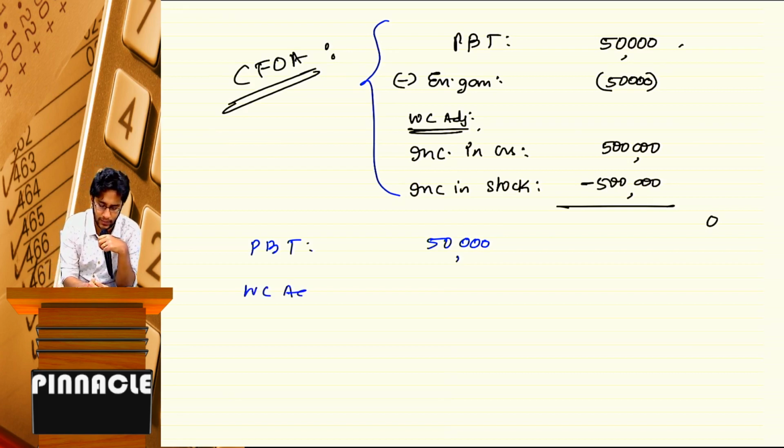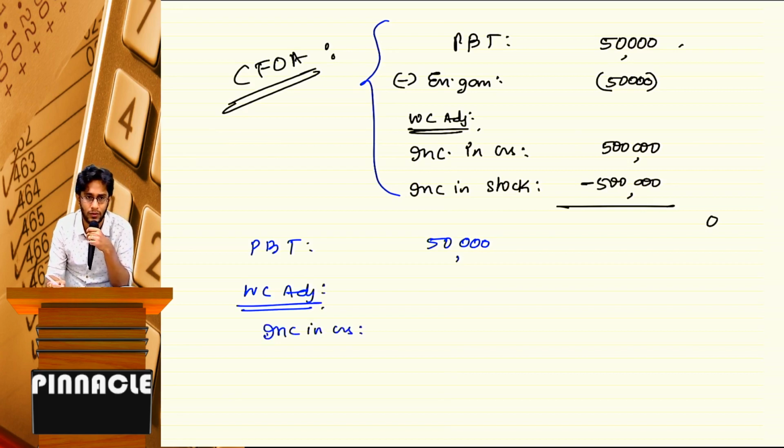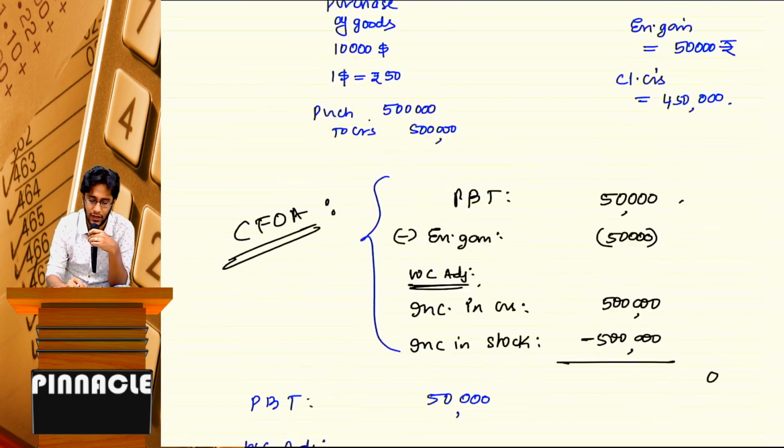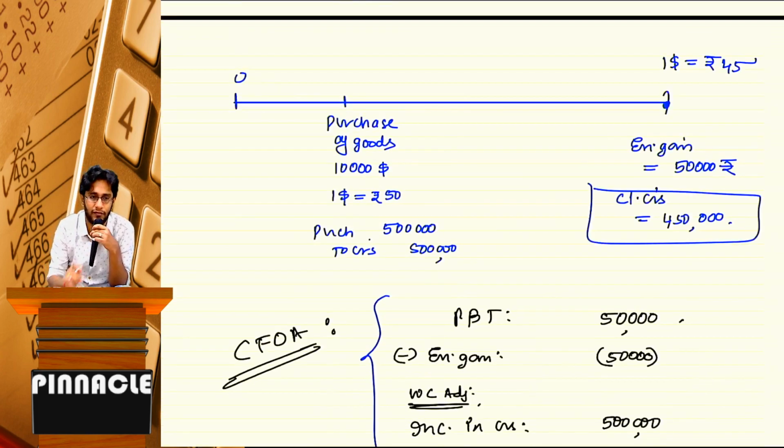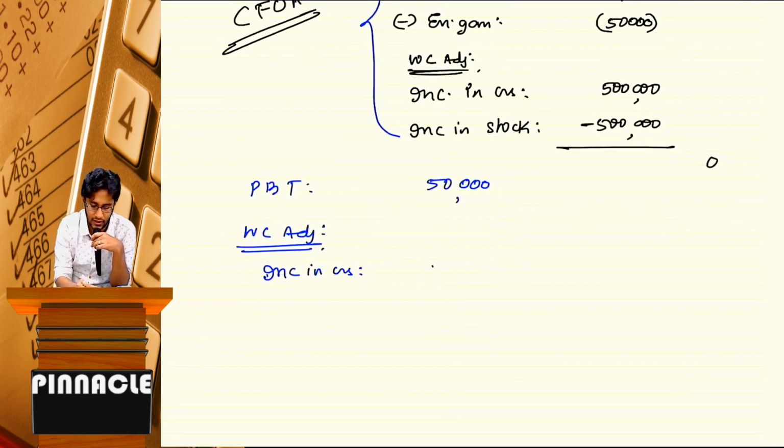Directly come to working capital adjustments. When you do working capital adjustments, increase in creditors: last year creditor is 0. Current year creditor is how much? Year end it became 4,50,000. Write that here, sir. Increase in creditor is inflow or outflow?